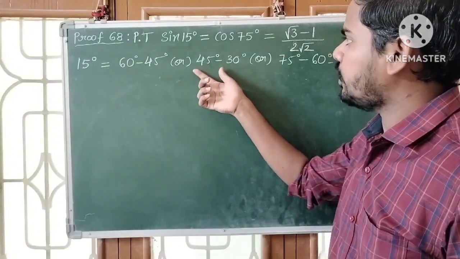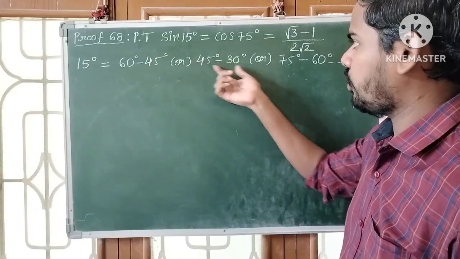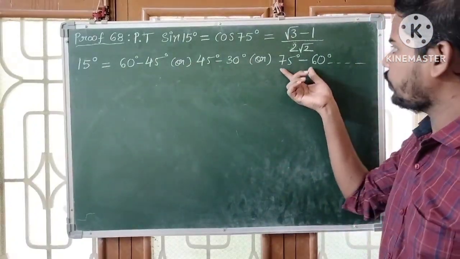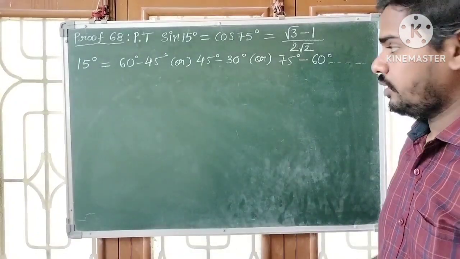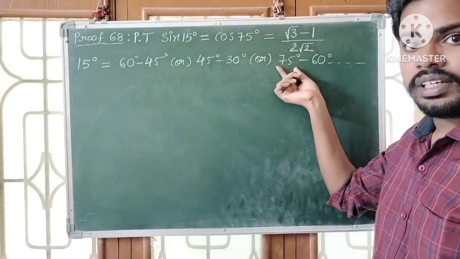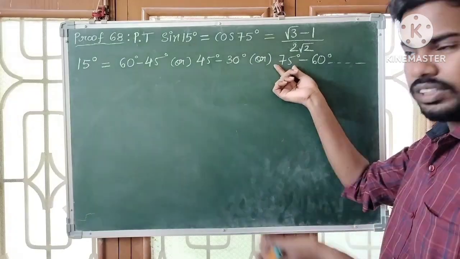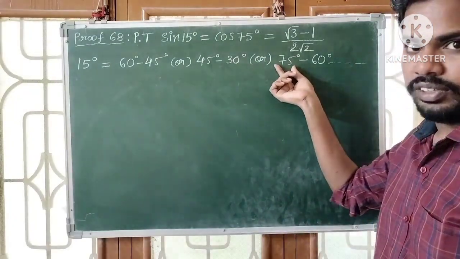But here I am going to consider either 60 degrees minus 45 degrees or 45 degrees minus 30 degrees. And I am not going to consider 75 degrees minus 60 degrees. Why? Because we do not know the trigonometric ratios of sin 75 degrees, cos 75 degrees, tan 75 degrees and cot 75 degrees.